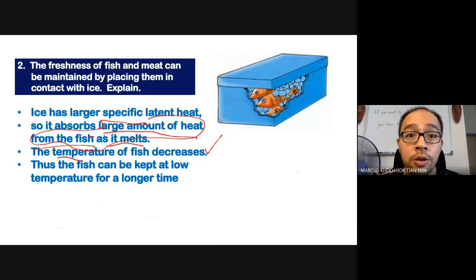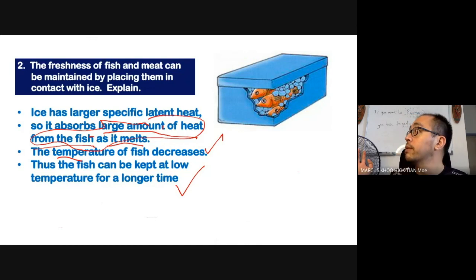And we all know if the temperature of the fish decreases, the fish can be kept at low temperature for a longer time. So the more ice you have, the more heat it can absorb from the fish. So that's how we maintain the freshness of the fish, by placing them in contact with the ice.